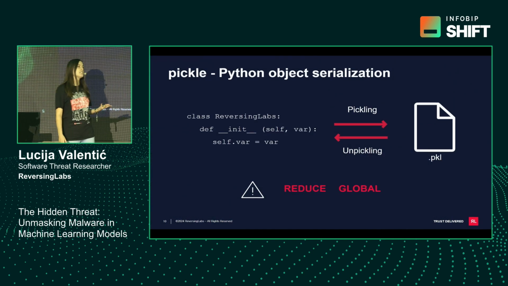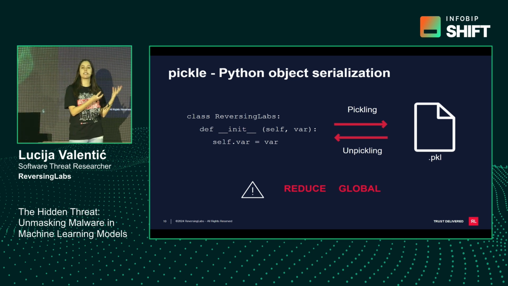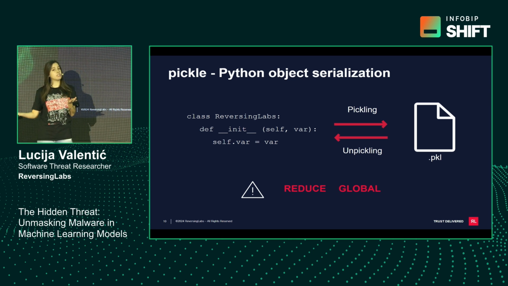So pickle is a Python module that is used for serialization and deserialization. Here we encounter two concepts, pickling and unpickling. In the process of pickling, a Python object hierarchy is taken and turned into a binary stream, a pickle.